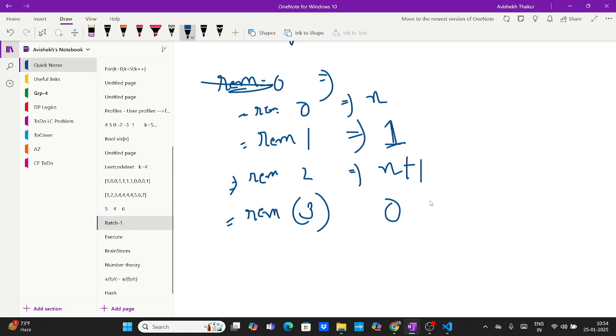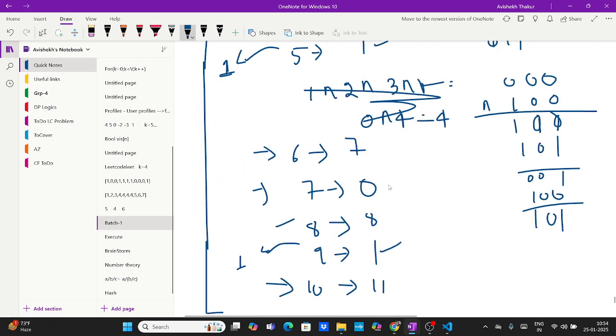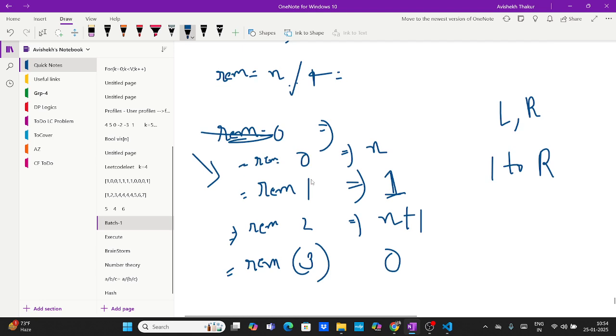Now, given the question was L comma R, right? If I say 1 to R, then it's done, right? If you just plug in this formula, you get the answer, correct? Is it fixed for every interval? Every interval it is repeating.